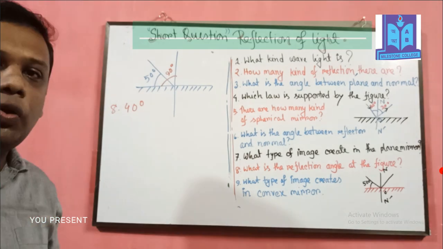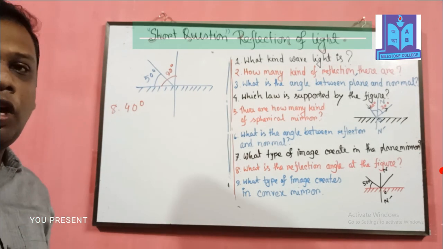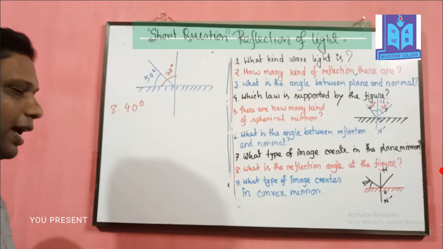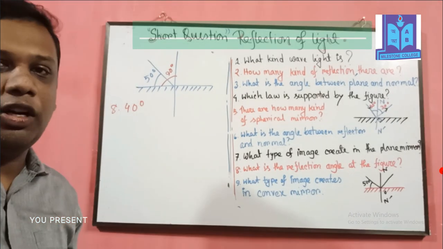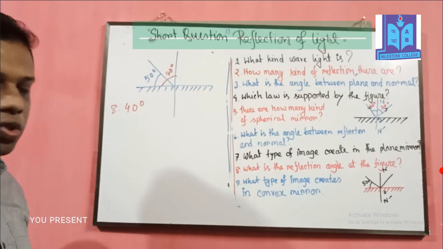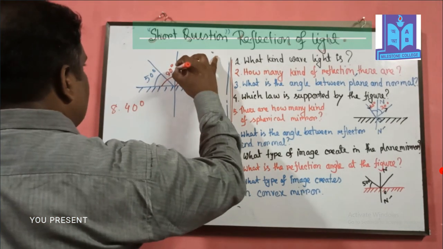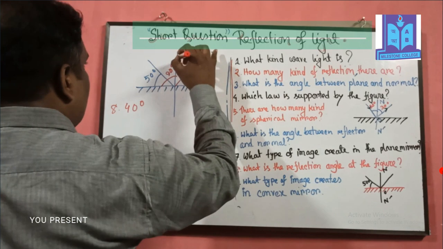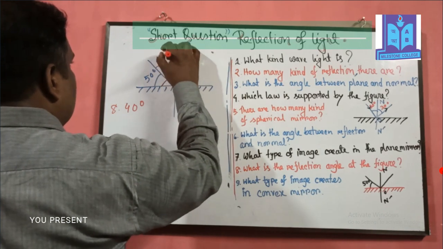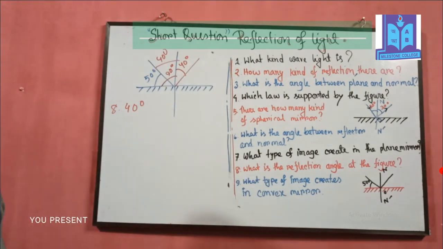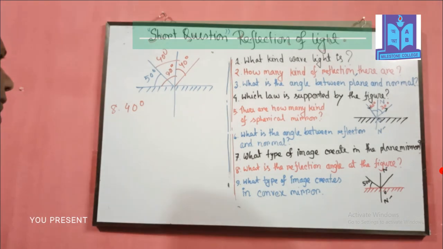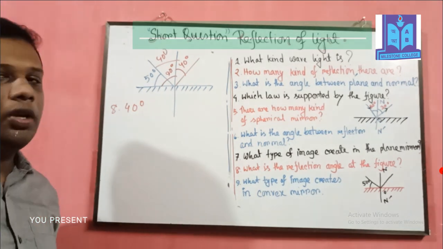We all know from the law of reflection that the angle of incidence and angle of reflection are equal. So the answer will be the same, also 40 degrees. So my dear students, the answer is 40 degrees for question number 8.